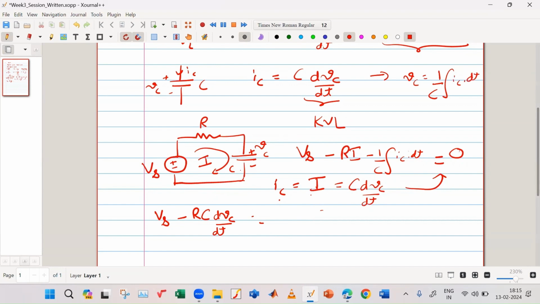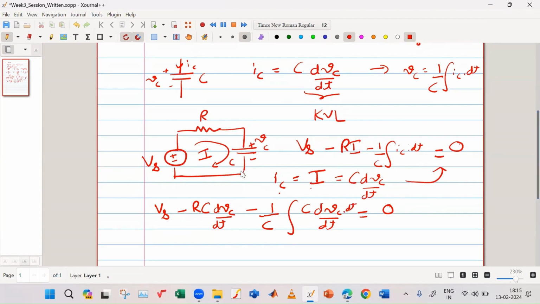So where IC is, there is my I. So I will write it as minus 1 by C integration of, what is I? C into dVc by dt, into dt, is equal to 0. Is this point clear, or does someone have doubts?